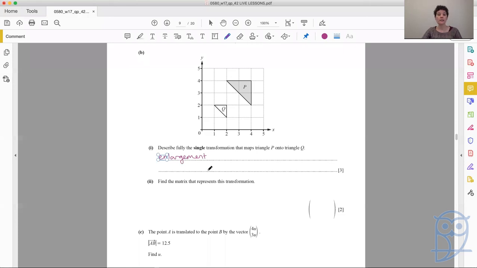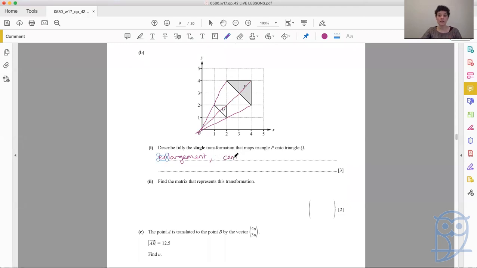To find that center of enlargement, we join the vertices. So this one is this one, and we carry on. This one is this one, and we carry on. This one is this one, and we carry on. And even my dodgy crooked lines all meet at (0, 0). So the center is the origin.